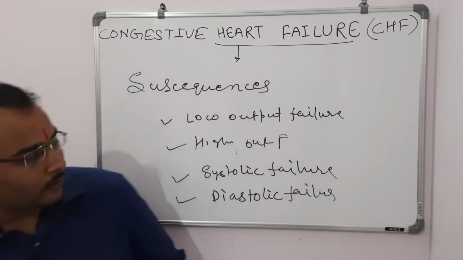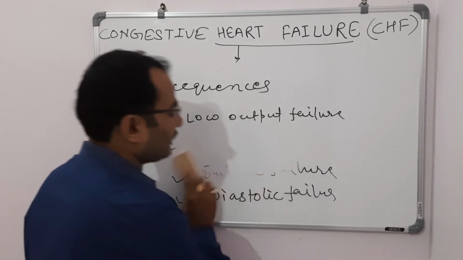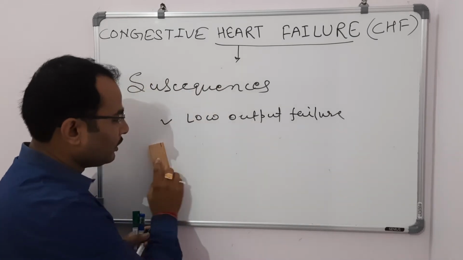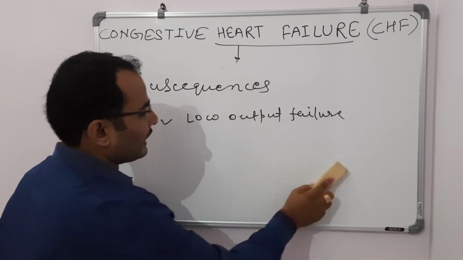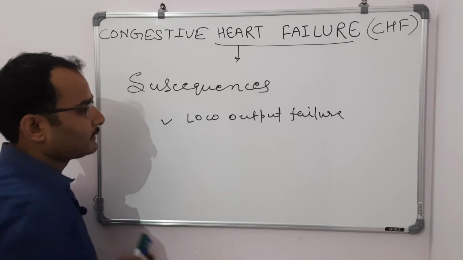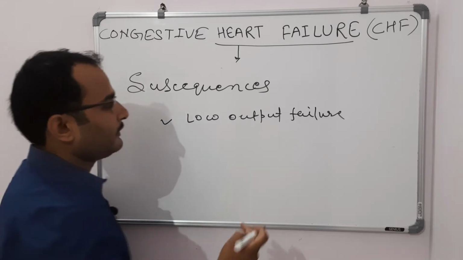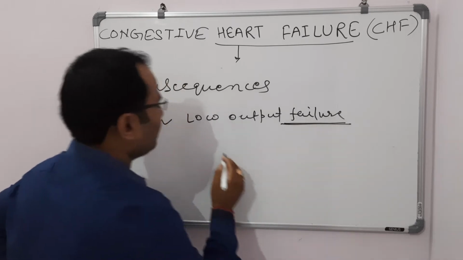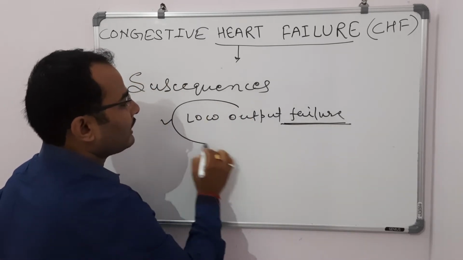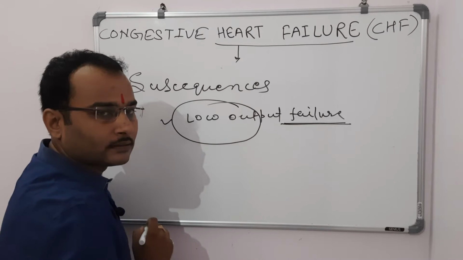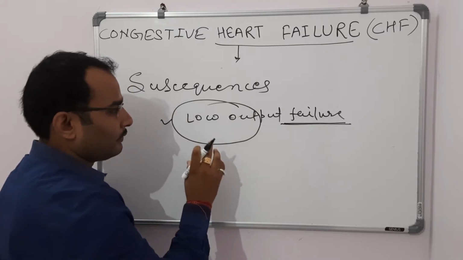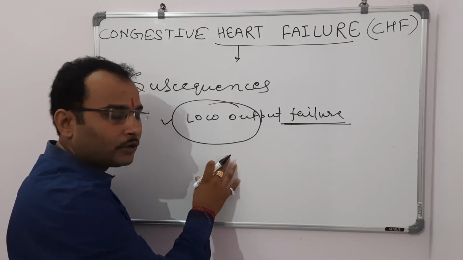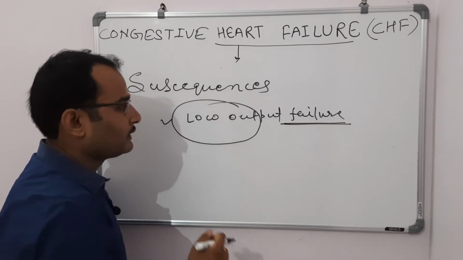So, starting from low output failure. Low output failure, as its name indicates, the heart fails because it is developing very little cardiac output, which is not sufficient to meet the metabolic demands.